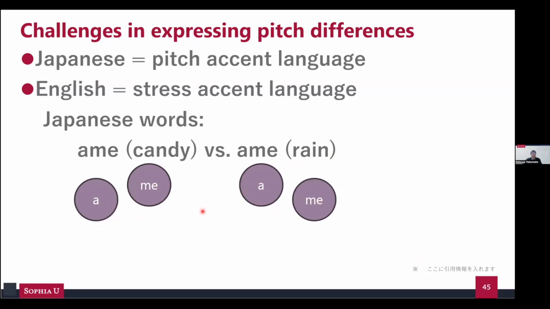There's no difference in strength or length. Only the pitch differs: low-high or high-low.